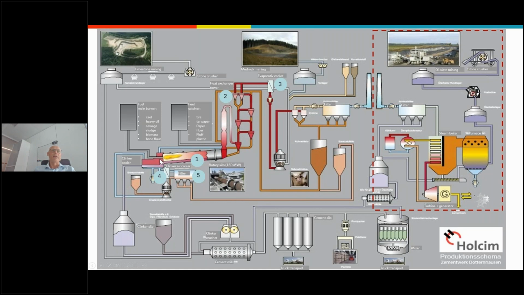And here on the end of the rotary kiln is the clinker cooler. Here the material is called clinker at the end of the kiln, and the clinker has to be crushed before it becomes cement.